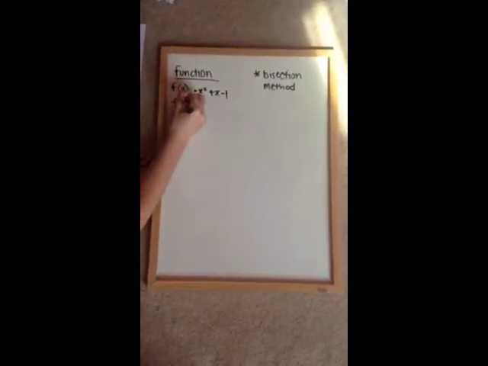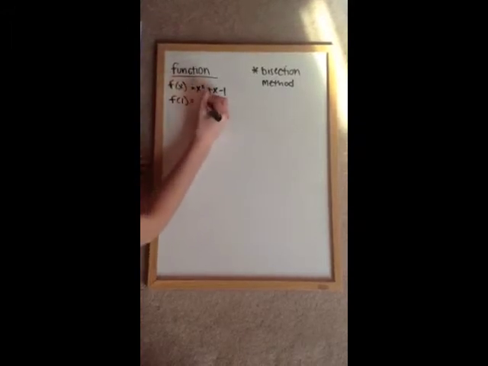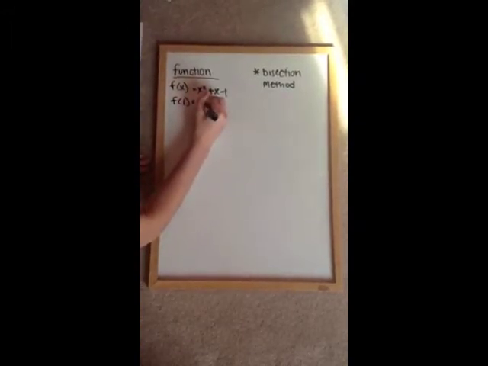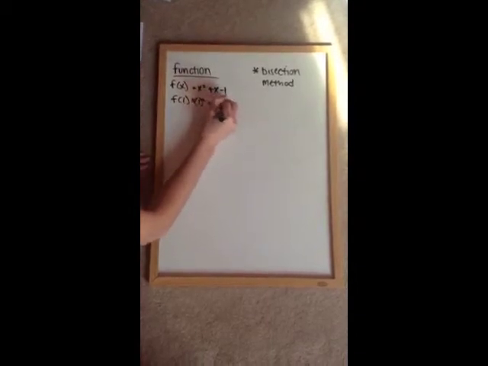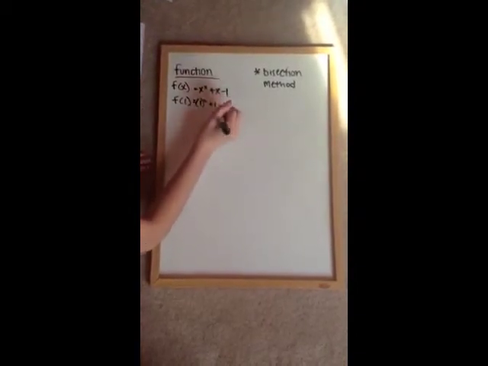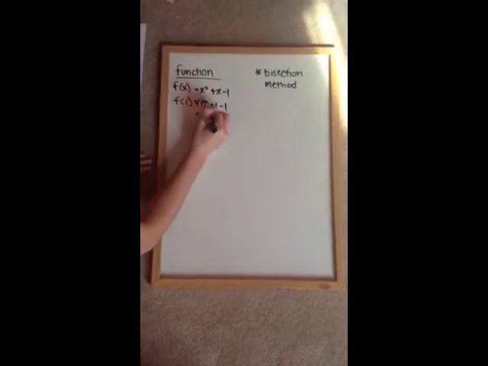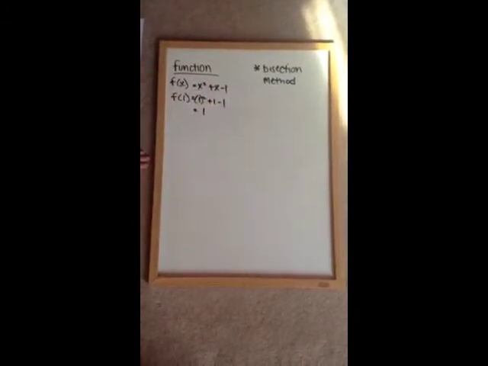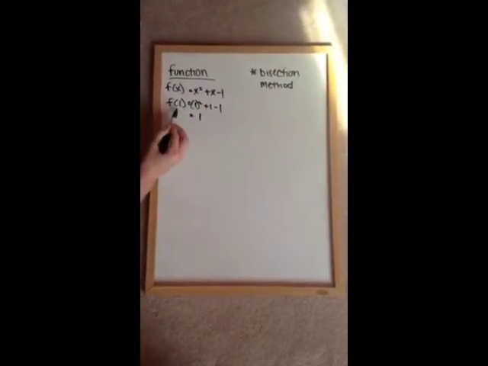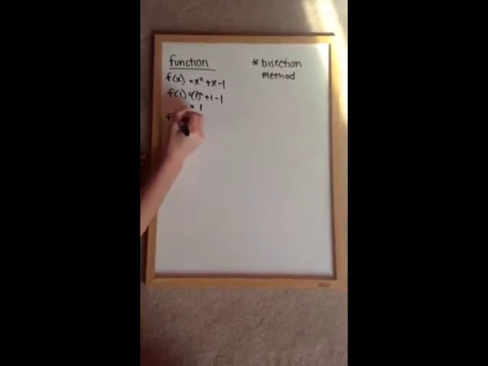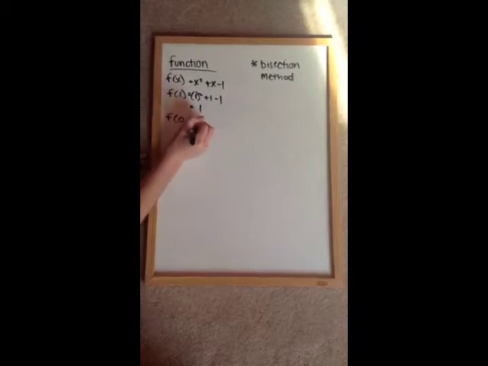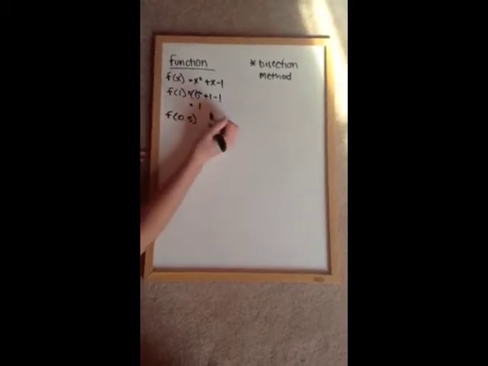So we plug in 1 into this function, and we'll have 1 squared plus 1 minus 1, which equals 1. So then, since we plugged in 1 here, we're going to cut this value in half using the bisection method. So that means we're going to plug in 0.5.